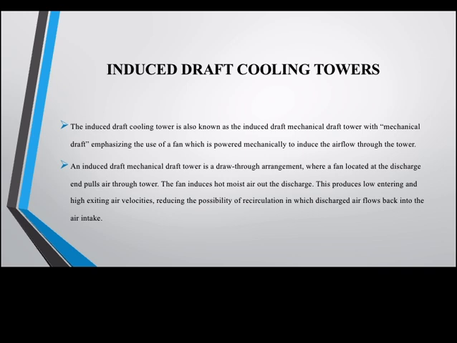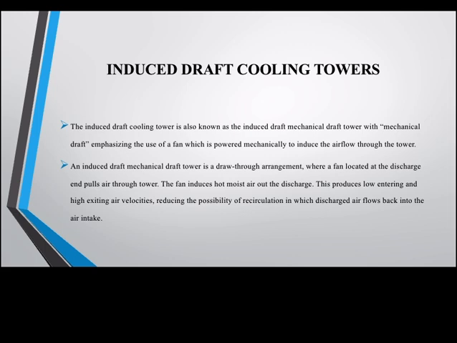The fan induces hot moist air out the discharge. This produces low entering and high exiting air velocities, inducing the possibility of recirculation in which discharge air flows back into the air intake. By inducing the hot moist air out into the atmosphere, it prevents air from flowing back into the tower, which is the recirculation of air.